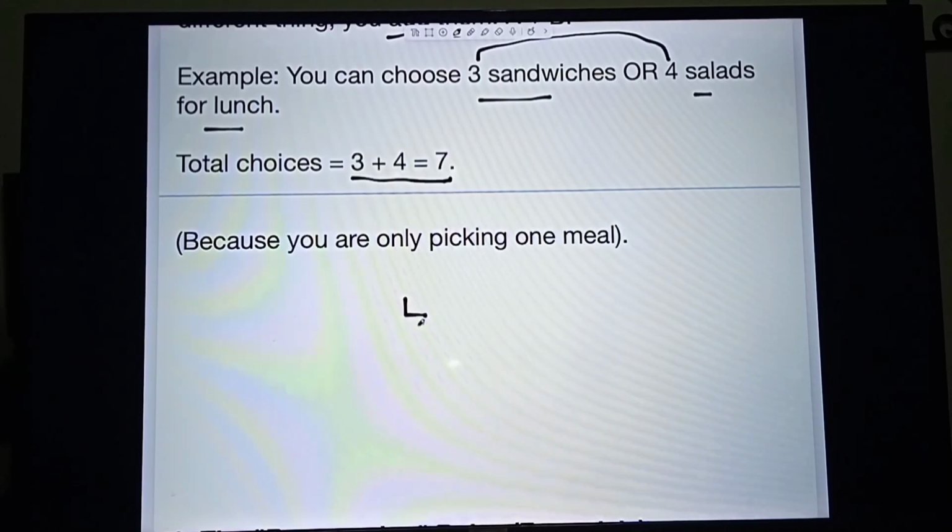Suppose this is our lunch, and for our lunch we have sandwiches and salads.